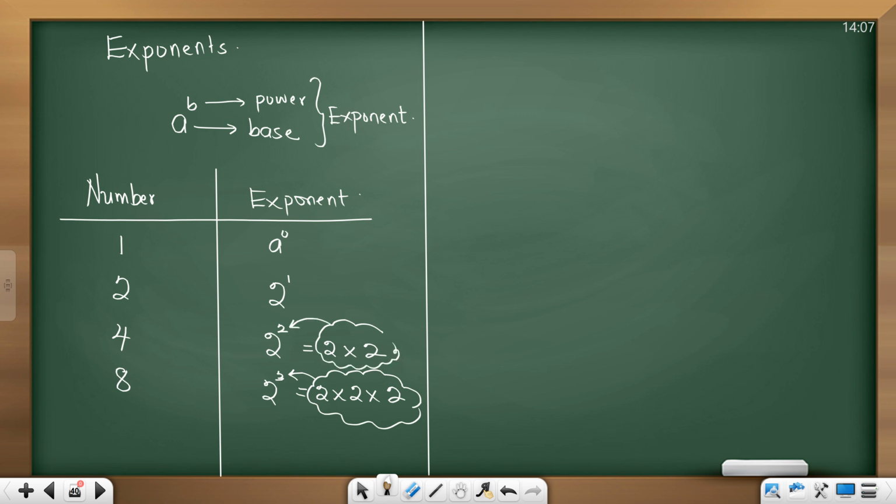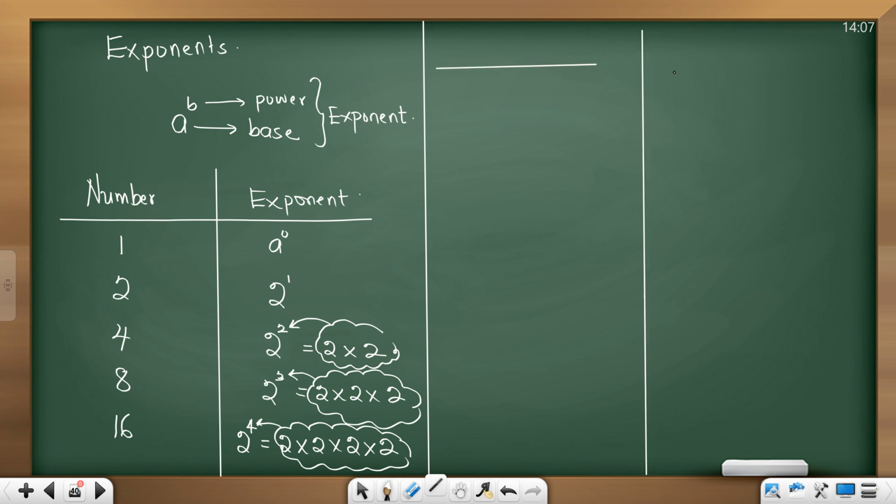3 times. Beautiful. If I have 16, it's basically 2 to the power of 4, which is 2 times 2 times 2 times 2. You can see how many 2's am I using? I'm using 4 2's. Let's look at a few more numbers before we go into equations. Oh, I could also write 16 as 4 to the power of 2, which is 4 times 4.